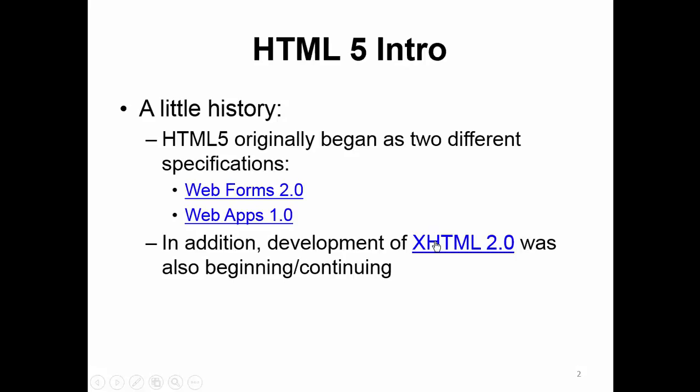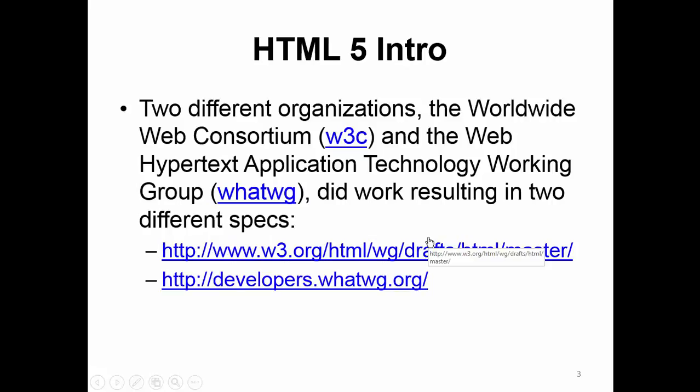So two different organizations, basically as it says there, began as two specifications, but if we move up, what happened was about, I don't know, somewhere 10 to 15 years ago, the World Wide Web Consortium, the W3C, and the Web Hypertext Application Technology Working Group, typically called WHATWG, decided that they were going to come up with a new version of HTML.